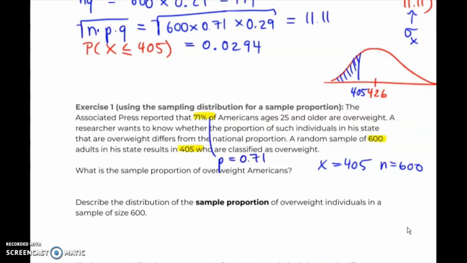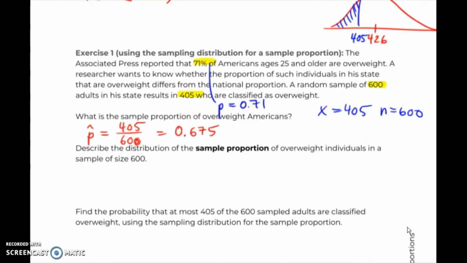So what is the sample proportion? Well, our sample proportion is the number of successes divided by our sample size. So that's 405 out of 600. Don't confuse that with the population proportion, which is 71%. We end up with a sample proportion of 0.675, so it's a little lower than our population proportion.